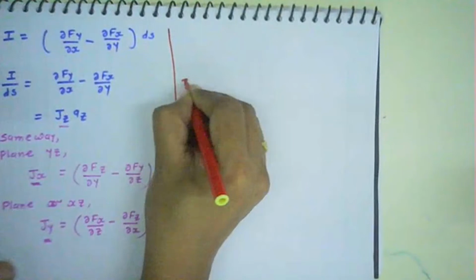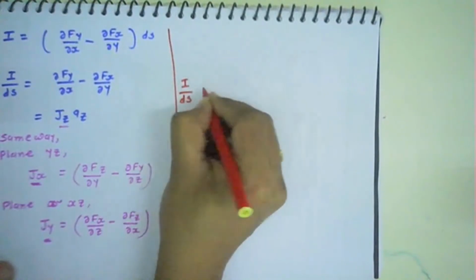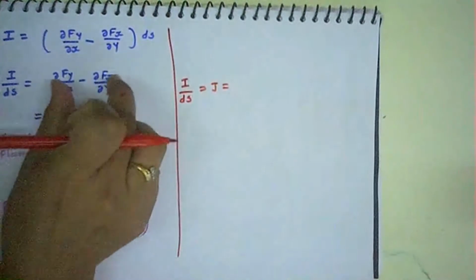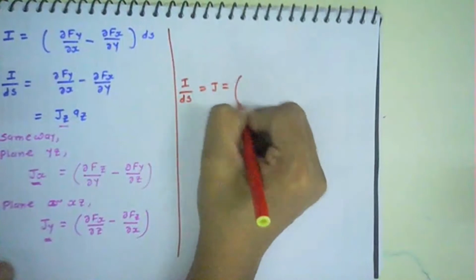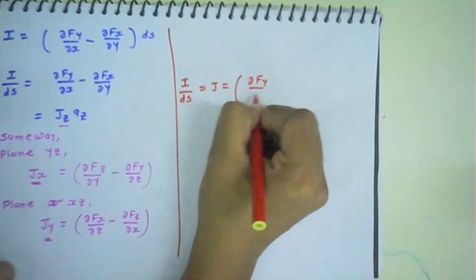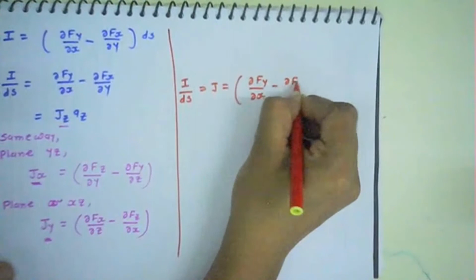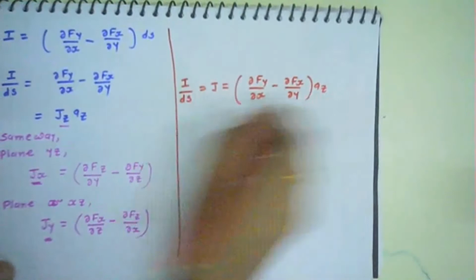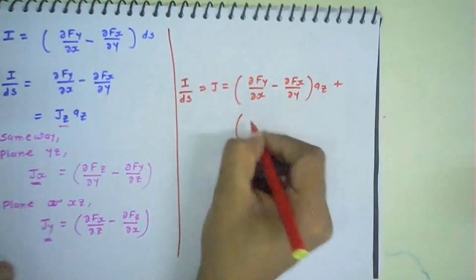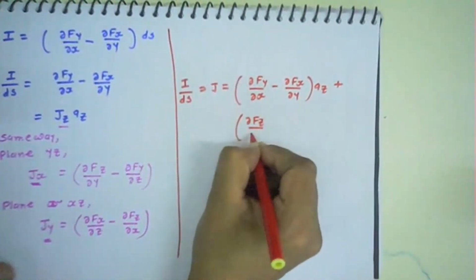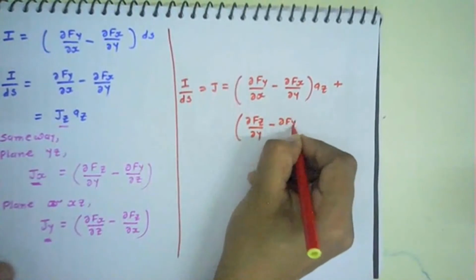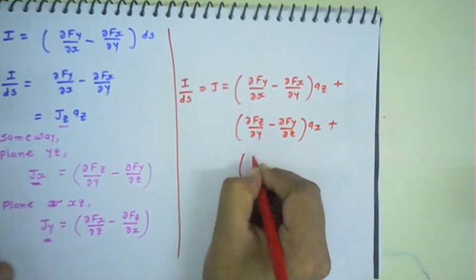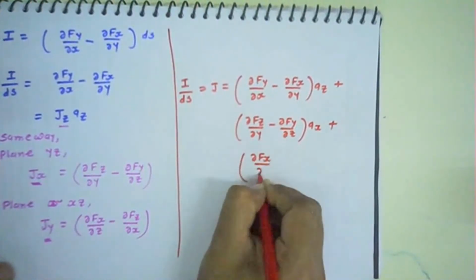The current I over the area is the current density J. In this current density J, we add the first part, Fy dx minus Fx dy, which is along z, plus Fz dy minus Fy dz, which is along x, and the Fx dz minus Fz dx part.